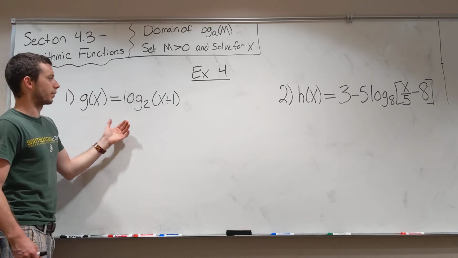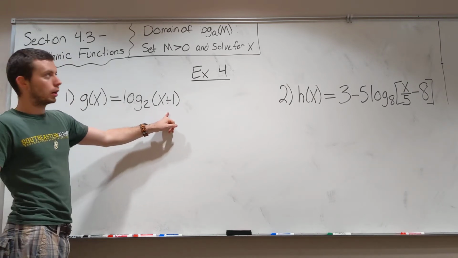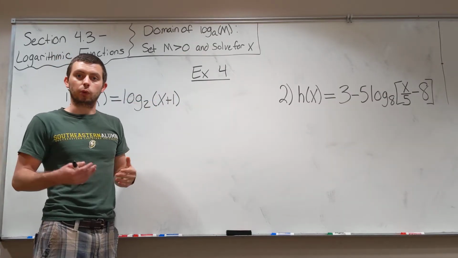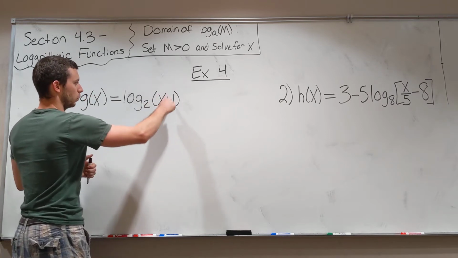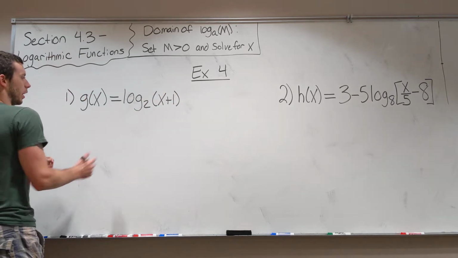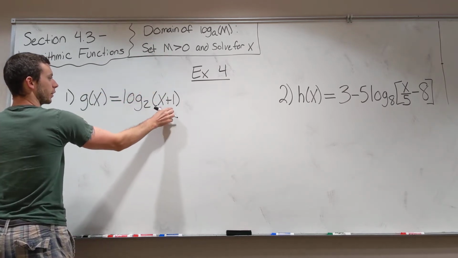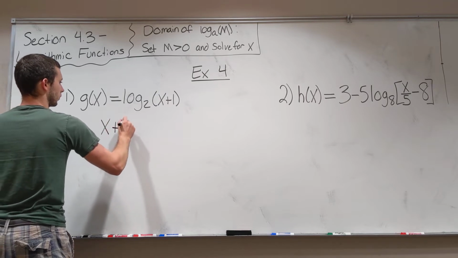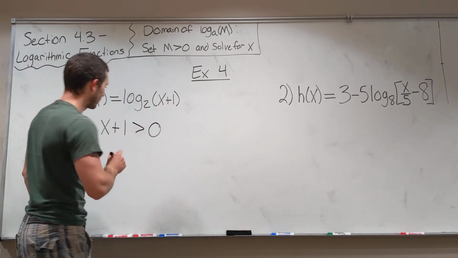So we'll start off with log base 2 of x plus 1. And so the criteria over here says whatever the logarithm is applying, it's applying exactly the x plus 1. And so what this criteria says, you take what the logarithm's applying and you set that greater than 0 and solve for x.